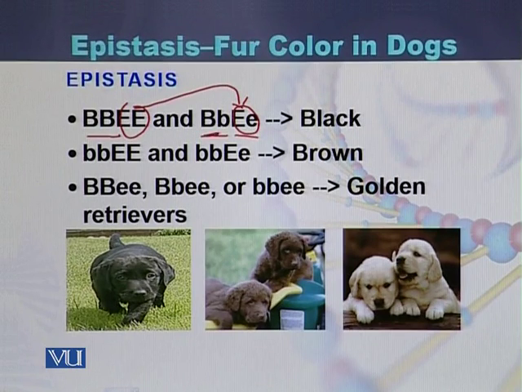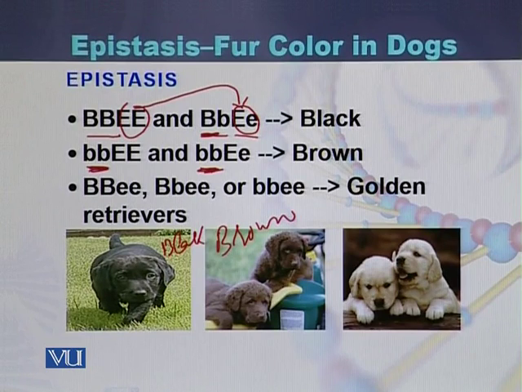If there is a dominant allele, then the color of the dogs will be black. While on the other hand, if the allele that was dominant is in recessive form, bb, the same here bb, the color of the dogs will be brown.